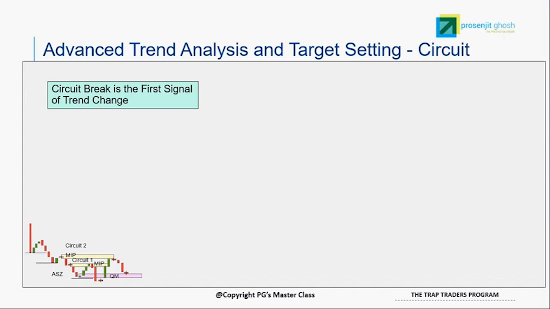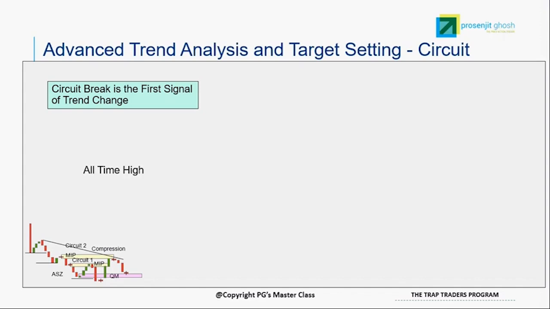Now what could be my target? If you draw a diagonal trend line, all the zones here are tested, so that means this is a compression. If I am taking a trade at the QM, what could be my target?